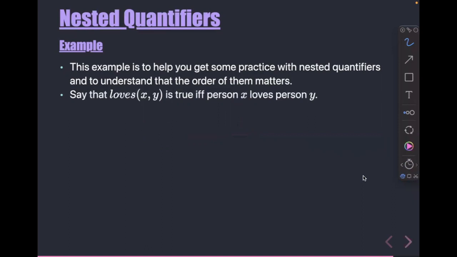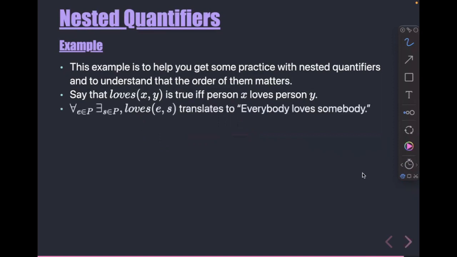So I'm making my predicate now called loves. And loves of x, y is true if and only if person x loves person y. So in this statement, I'm saying for all e in P, there exists an s in P such that loves of e and s holds.